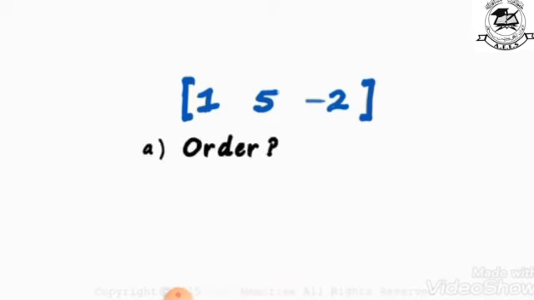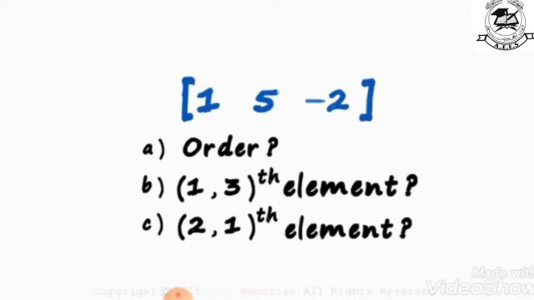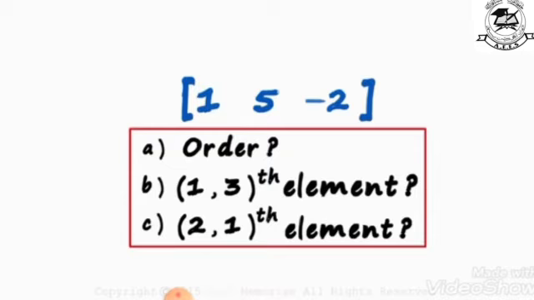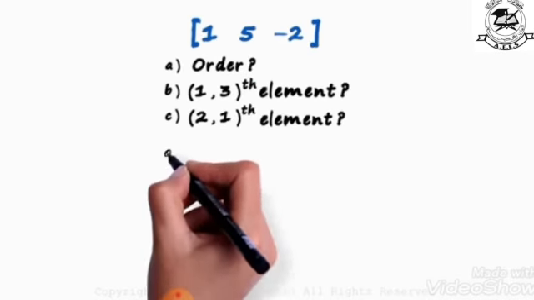Let's do an example. 1, 5, minus 2. First we have to find order, then 1/3 element and 2/1th element. Pause the video and try to give the answer. Okay. A. Order.